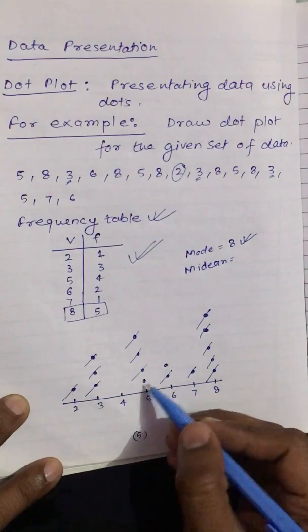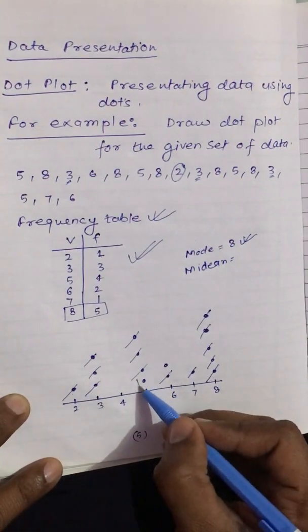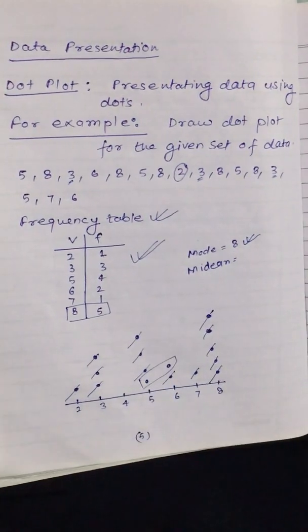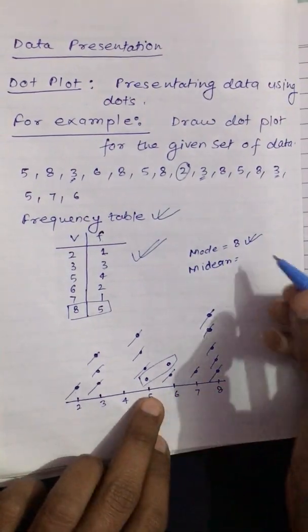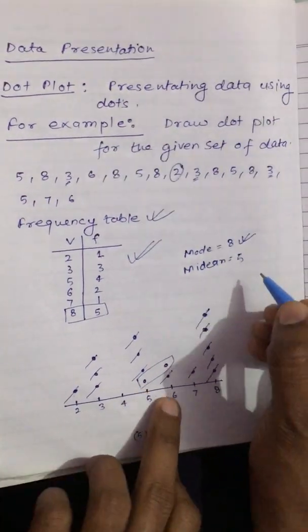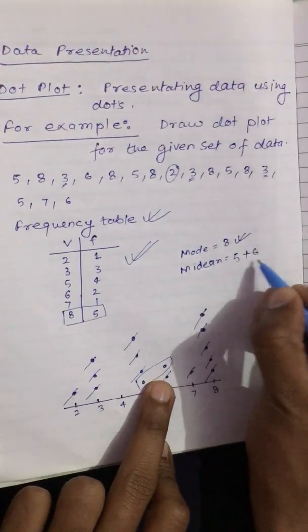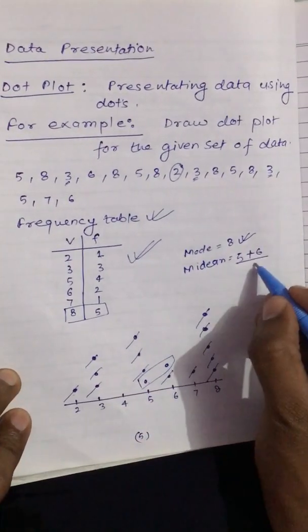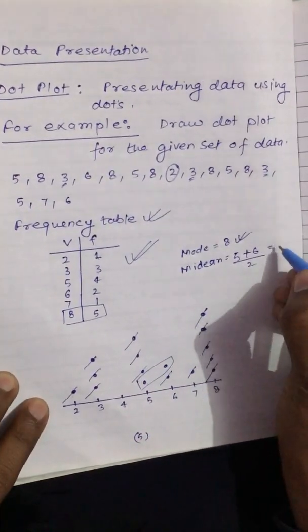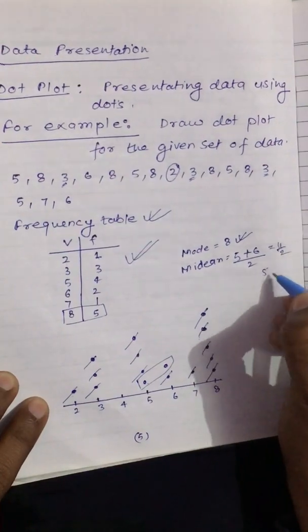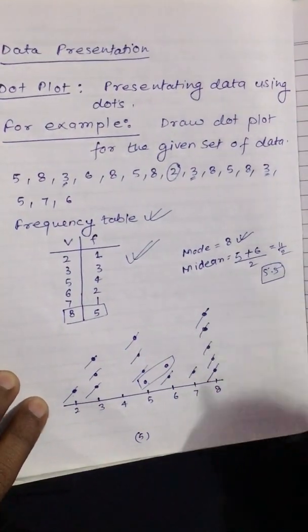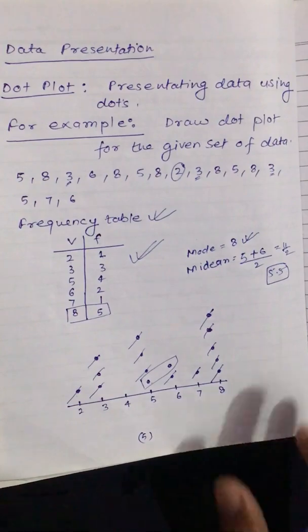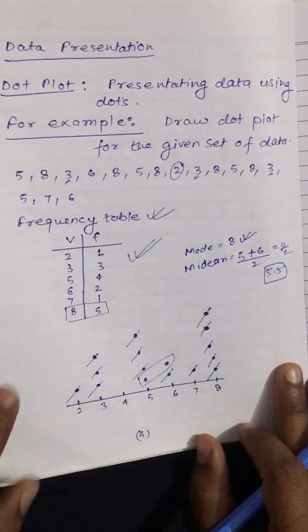Now 8 and 8 are left on both sides, right? So what is left here? This is 5, and what is left here? 6. So 5 plus 6 divided by 2. So 11 divided by 2, that is 5.5 will be the median. Understand? That's how it works.